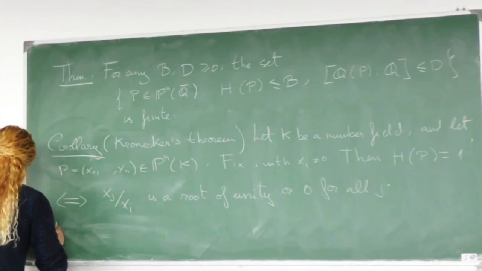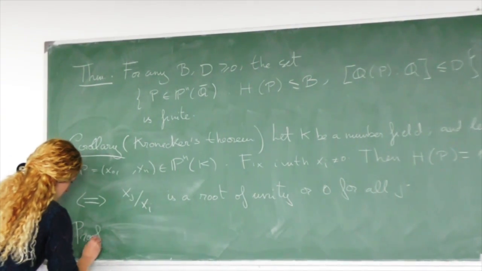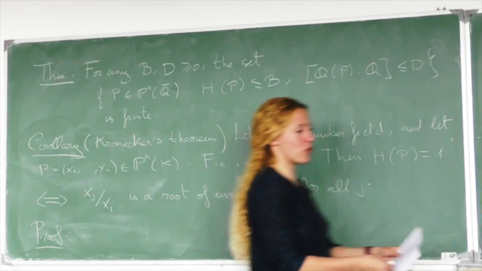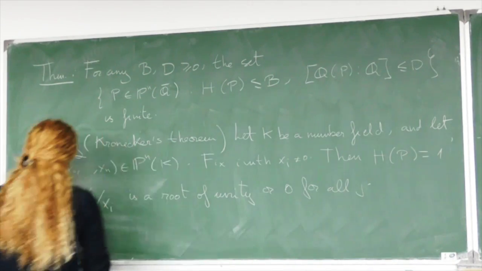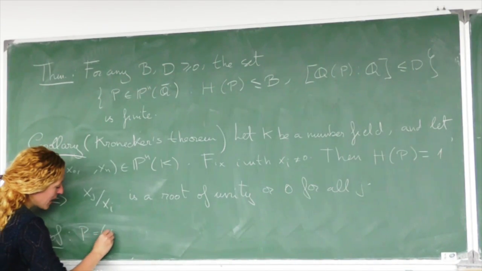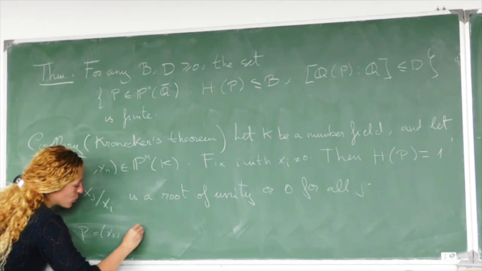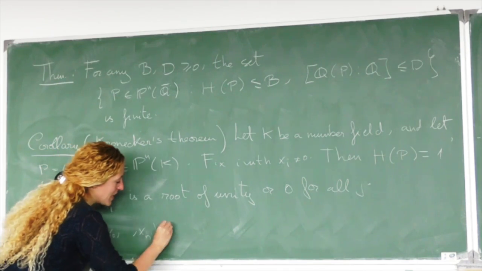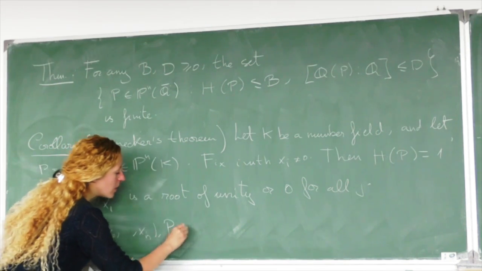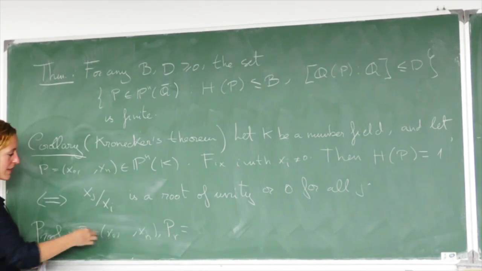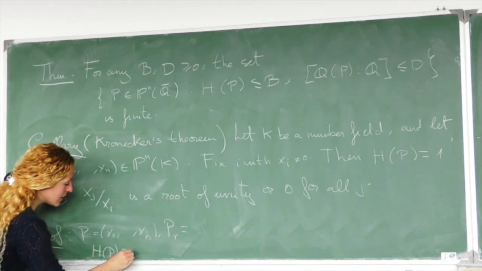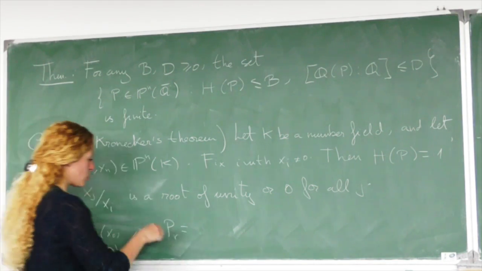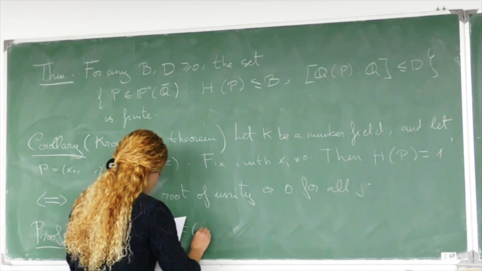So proof. Sorry, I didn't get the right paper. Okay, so we have P that is given by those coordinates. The idea is that I define P_r, another point, started by this one, and we have that the height is equal to 1, right? So now I'm going to define this one.